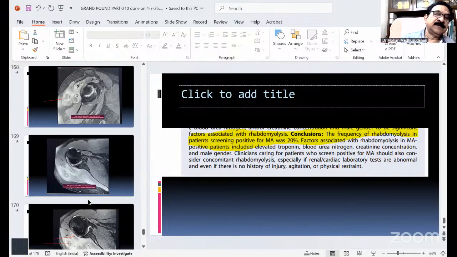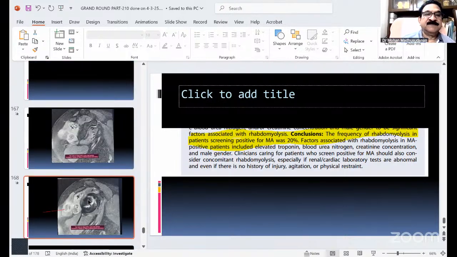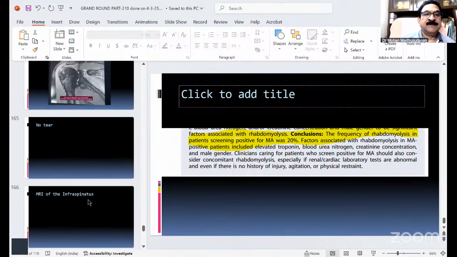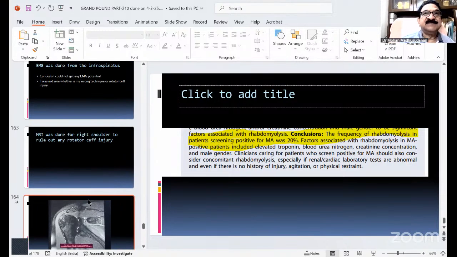There was no tear in the tendon, except this hyperintensity in the muscle and the necrosis of the muscle. Initially, I thought only of brachial neuritis to account for the shoulder weakness, a typical distribution of brachial neuritis. But the MRI was taken to rule out a tear, and it came with this finding.